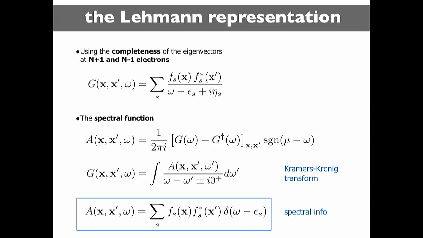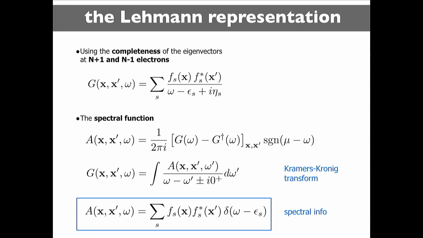How is the spectral function defined? This is basically the imaginary part of the Green's function, which can be defined this way: G minus G dagger, properly taking into account a change of sign due to time ordering. And again, mathematically, this is the object that can be used in a Kramers-Kronig-like transform.